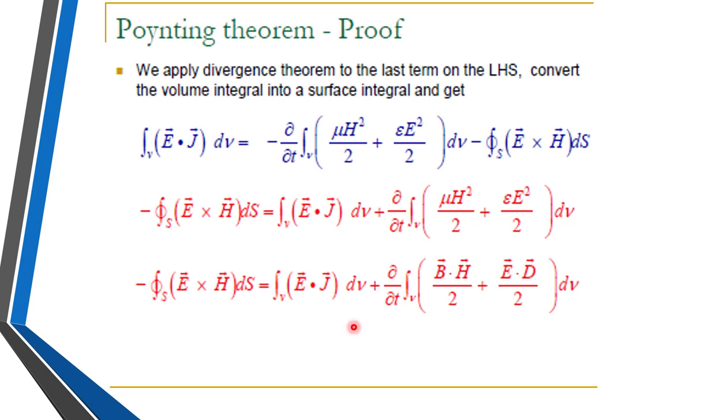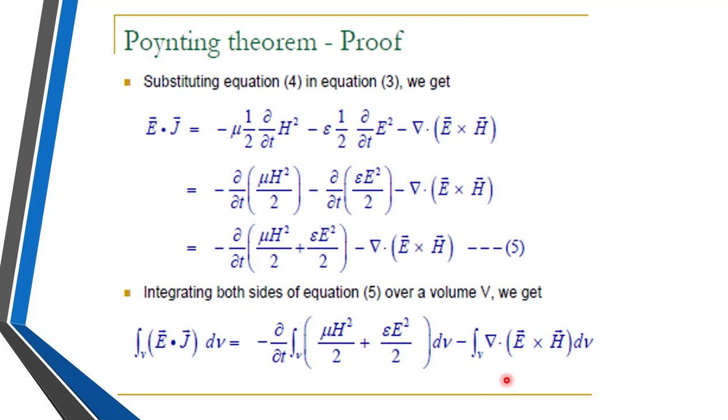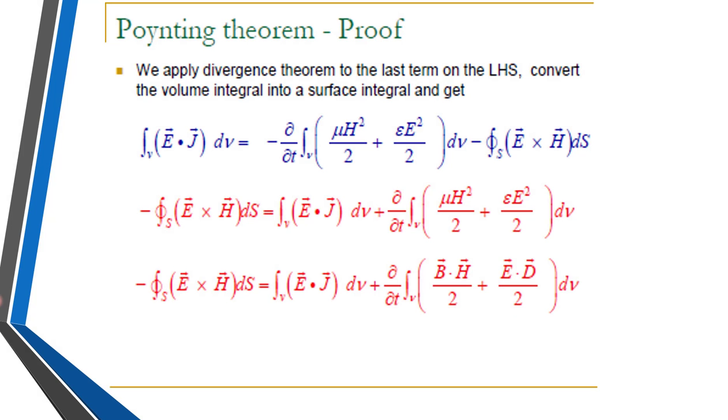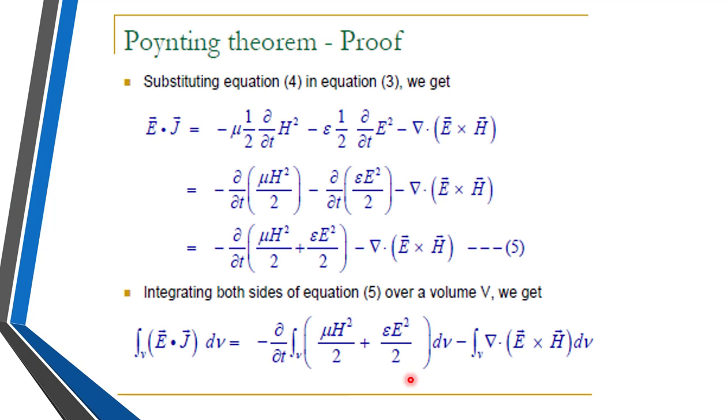Okay, so what will happen next? We apply the divergence theorem to the last term. Here the divergence of e bar cross h bar is there. So after applying the divergence theorem, what does the divergence theorem state? Volume integration is equal to surface integration, right? Here it is volume integration of del dot something over dv, and we can convert it into surface integration.